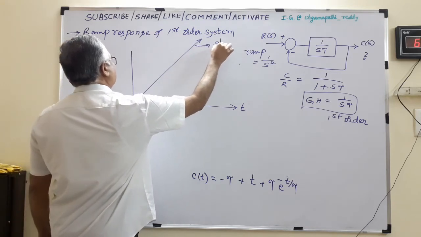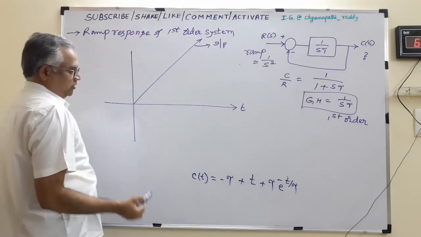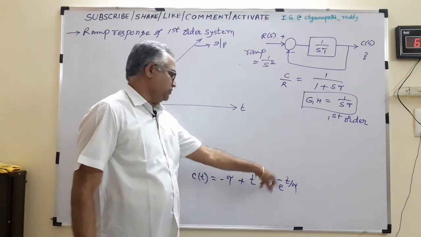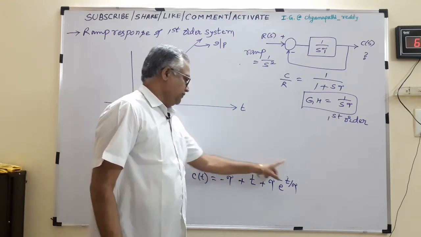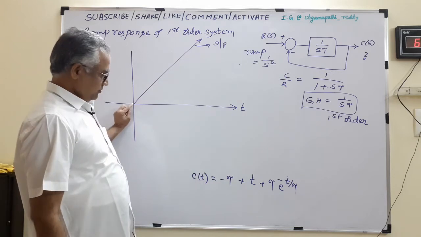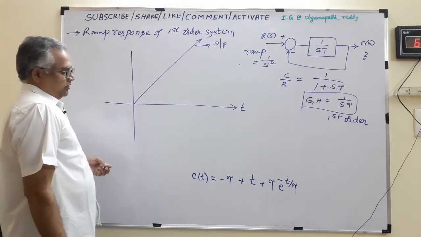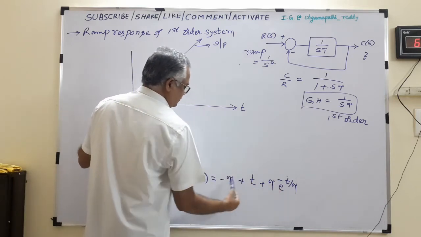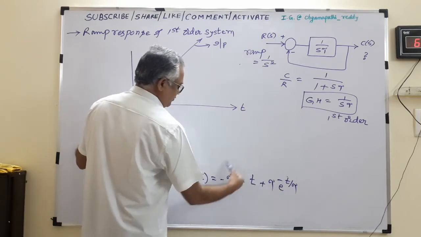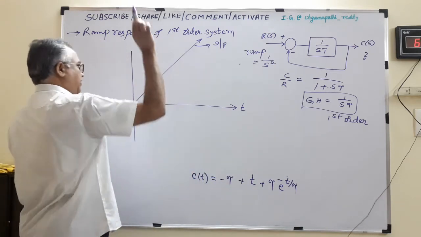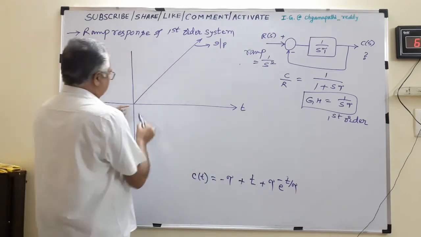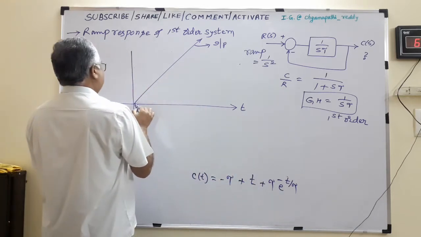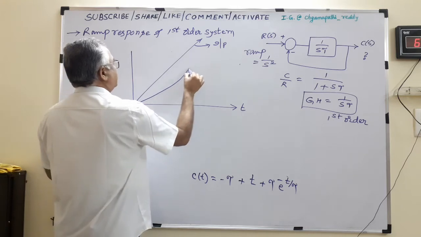This is input. At t equal to 0, this is plus tau minus tau cancel. At t equal to 0, everything is 0. It starts with 0. At t equal to infinite, this is 0, this is infinite, so everything is infinite. So again it will go to infinite, but it will not increase like a straight line, it increases exponentially. So it will go like this.